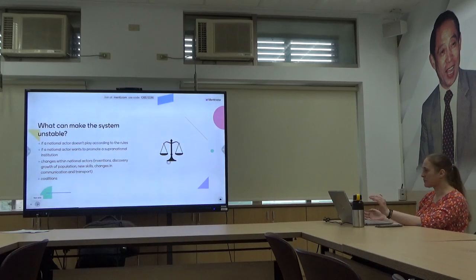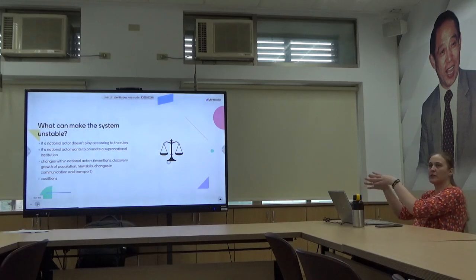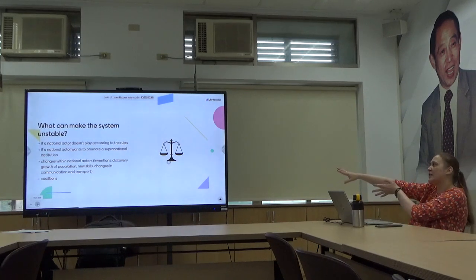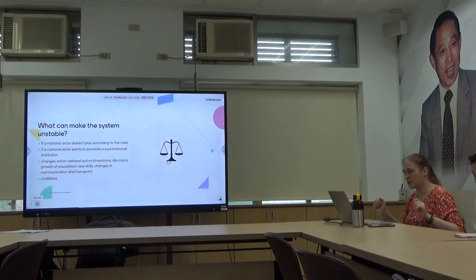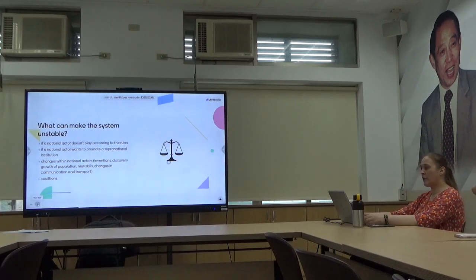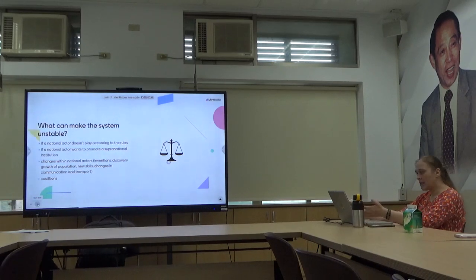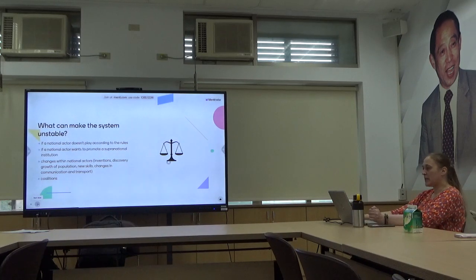And then if there are any changes within the countries, right, I said national actors means countries, but I left it like this in case you read the text, maybe it's easier to understand. So anyway, if there are some changes within the country, so like there are inventions, discoveries, growth of population, new skills, any kind of change in technology, communications, transport, this can also be dangerous.